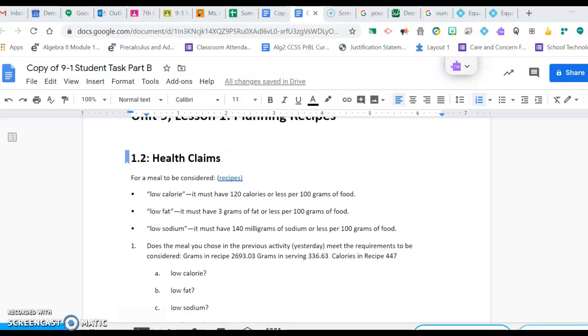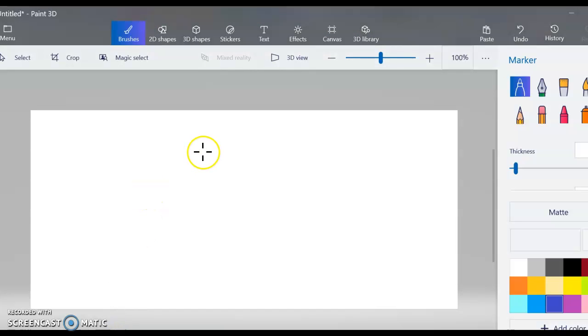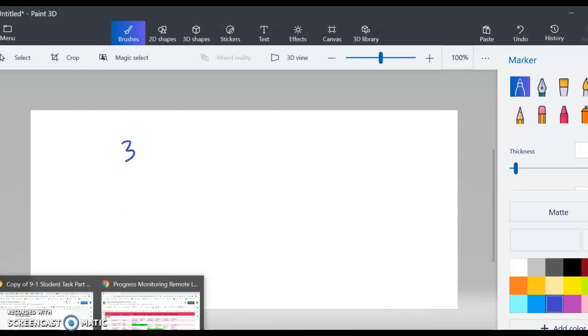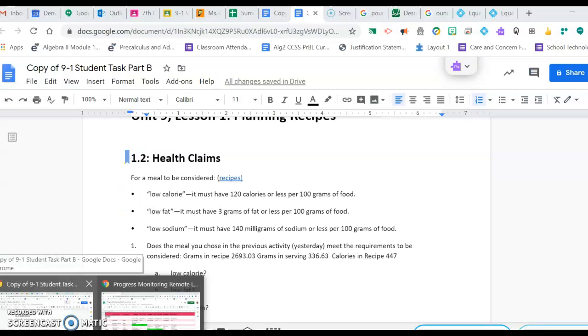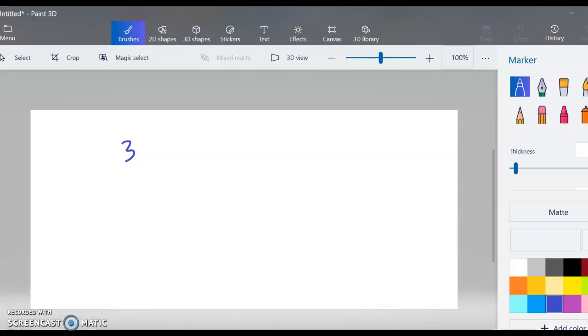Okay, so I'm going to bring this out. I'm going to make a proportion because I believe that's going to be the easiest thing for me. So in here I had 300 and, what was it, let me go back and look again. I forgot already. So you had 336.63, and the calories were 447, right?